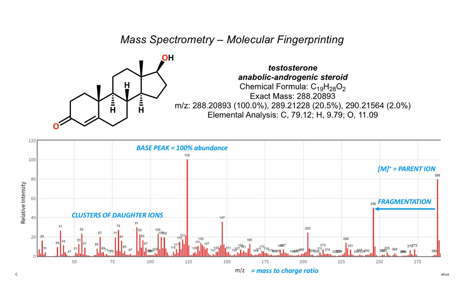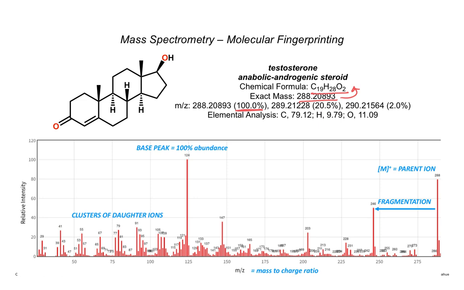So again, here it is. There's the testosterone mass spec we introduced last time. There's the molecular formula. There's the mass. We're trying to determine the molecular formula from that 288 number. And now we're going to use these ratios here.